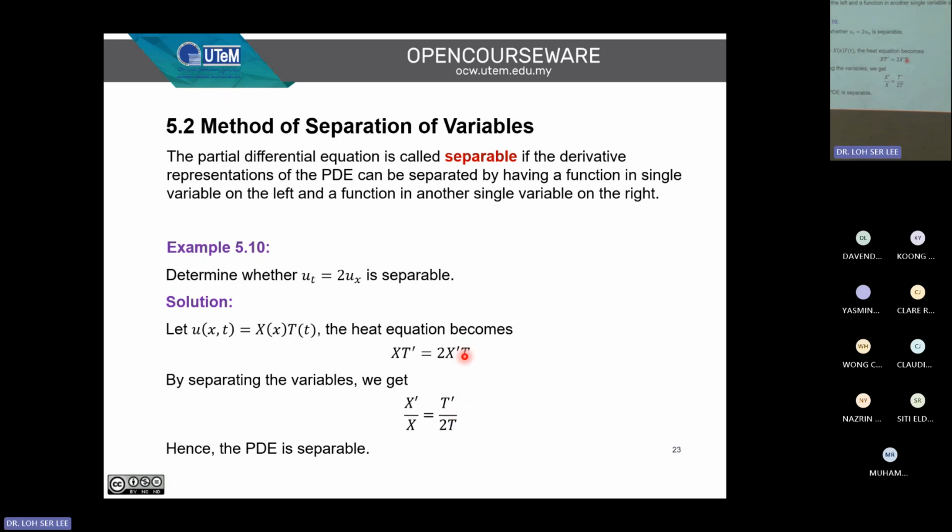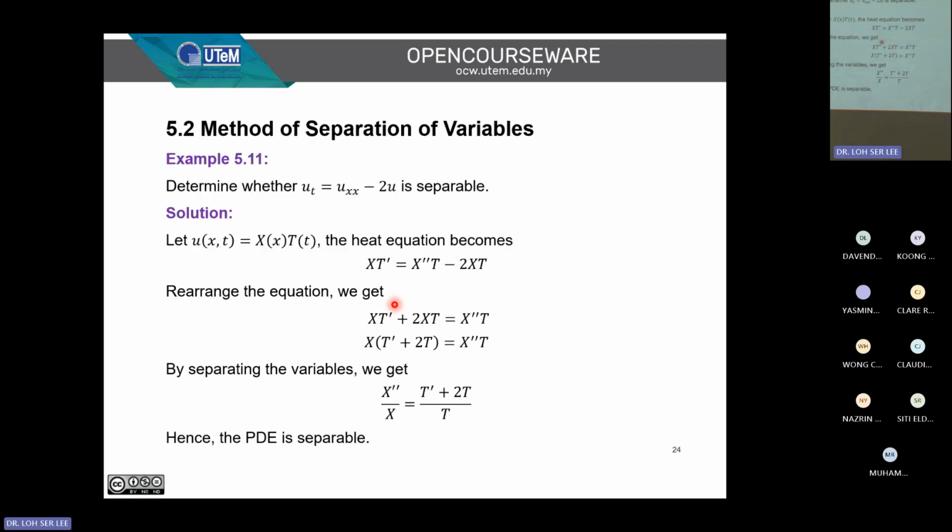We separate this completely into one variable on the left, another on the right. So the PDE is separable. If you manage to separate the X and T, one on the left, another on the right, this means the PDE is separable.